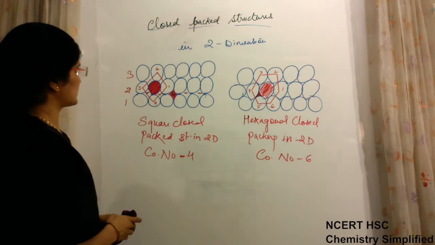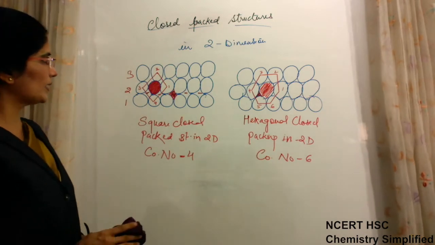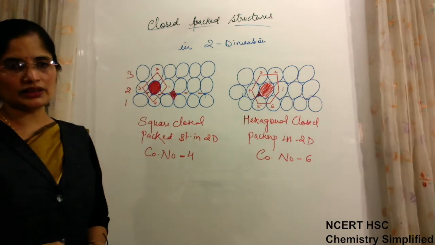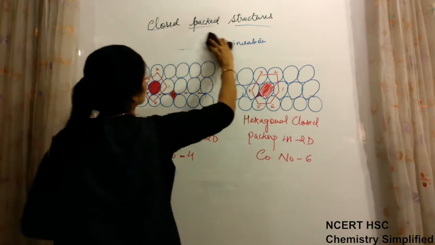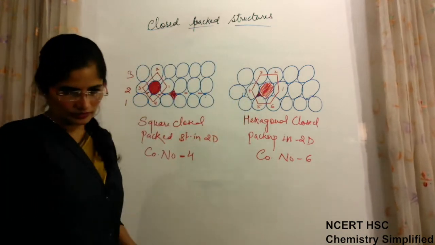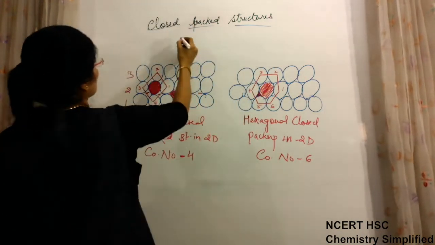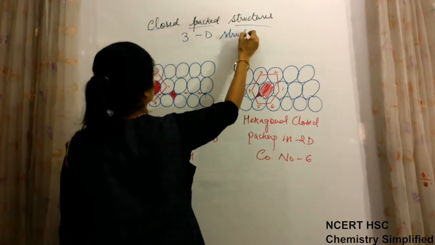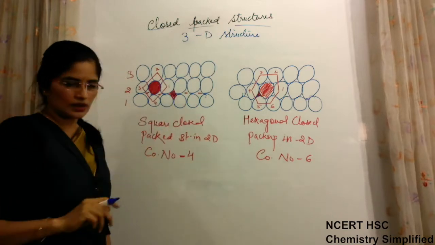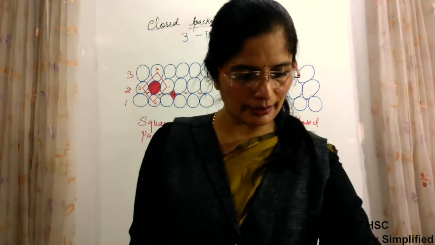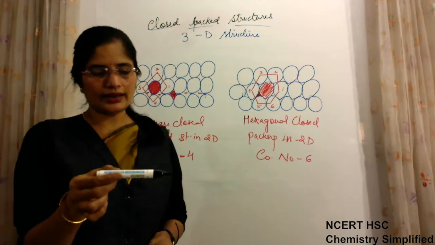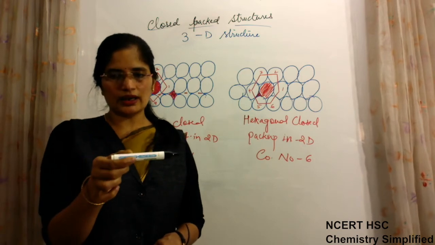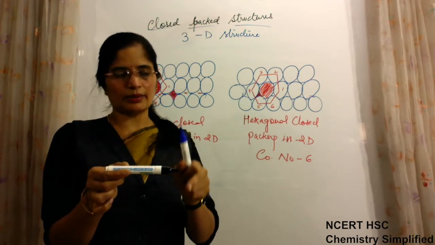Now after this, what will come? After this there will be 3D structure. So now, 3D structure. Now see what we have prepared. In 2 dimension, what we had done: one layer we had made, one line, arranging the particles side by side.